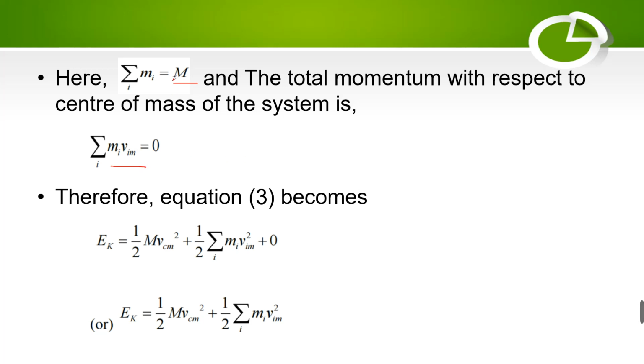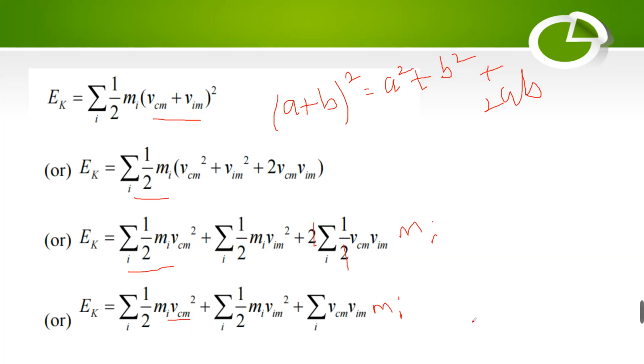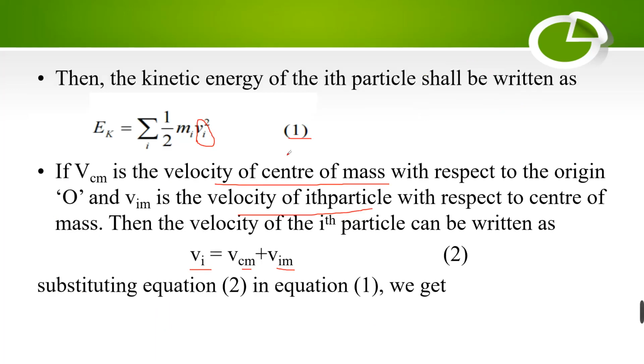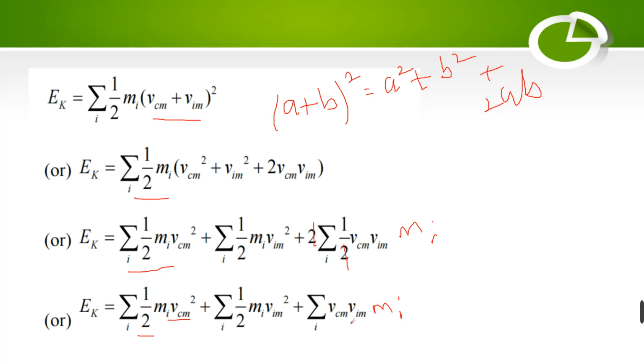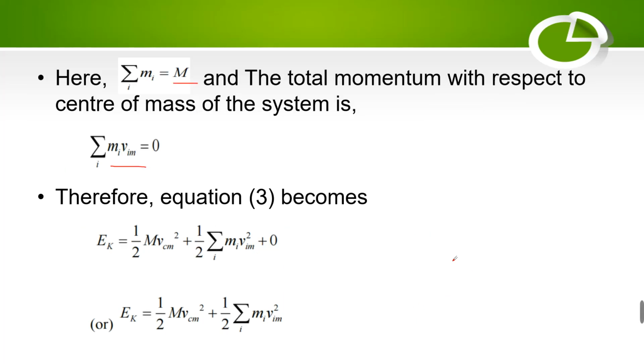So when we substitute these two terms in the above equation, instead of summation mi and summation mi Vim, we get the equation as half M Vcm square plus half summation mi Vim square plus 0. So this term is equal to 0. When this term becomes 0, the whole term will become 0.